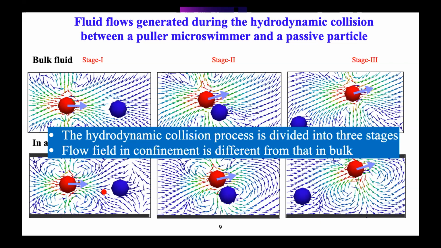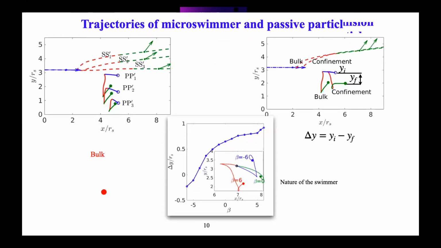So here we see that the hydrodynamic collision process is divided into 3 stages, and the flow field in confinement is different from that in bulk fluid. Now we'll look at the trajectories in bulk fluid as well as in confinement, which are the results of this flow field in bulk and confinement.